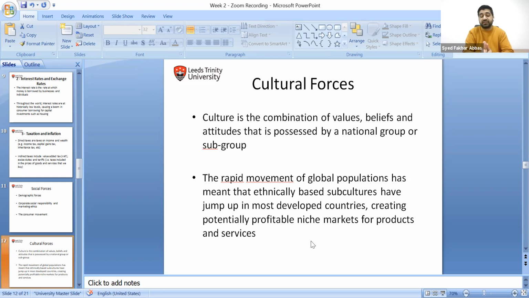So basically, culture definitely affects the business environment, and if there is a rich culture, it means they are supporting their business environment.